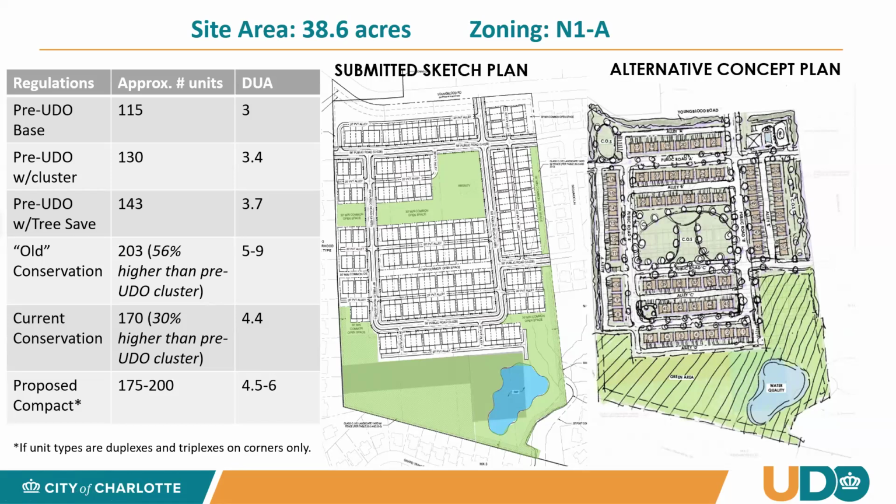But remember, we're getting better standards. So we're getting more public streets, we're getting quality open space, we're getting additional buffers that weren't there previously. So we're getting some trade-offs for a density that is not too far off of that. And we also have a smaller area in which it's applicable. So next slide.